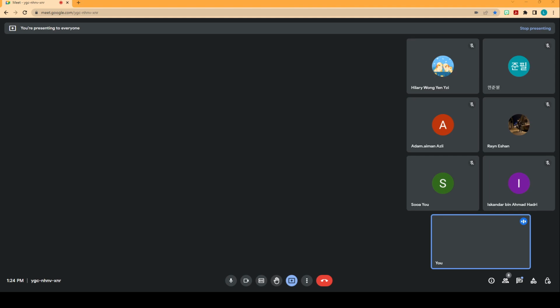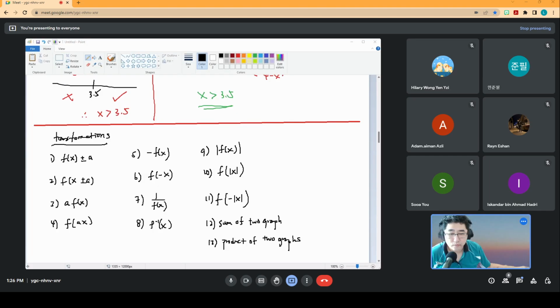Can anyone tell me, do you still remember how to do these? What does each of 1 to 13 mean? Number one is translate up and down by a units depending on positive or negative. Two is sideways.